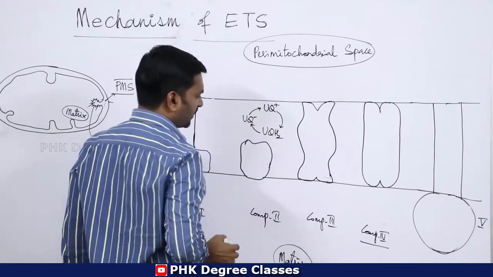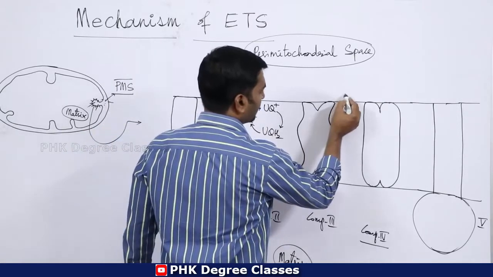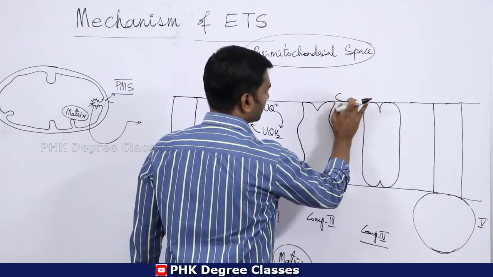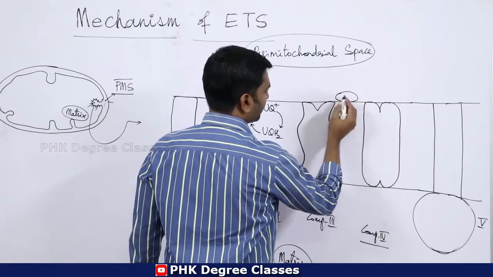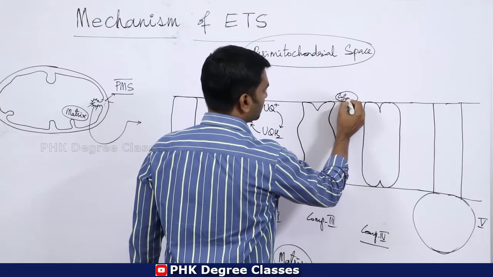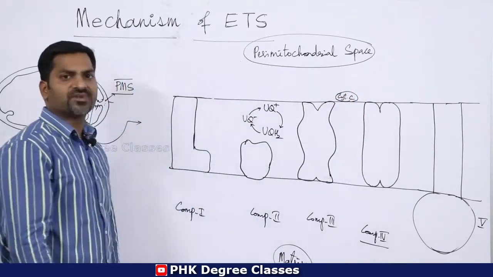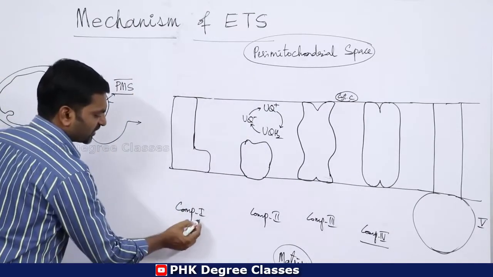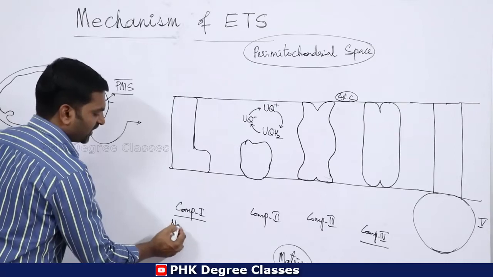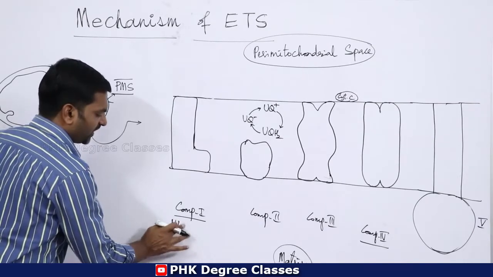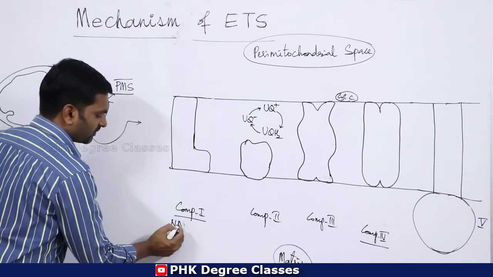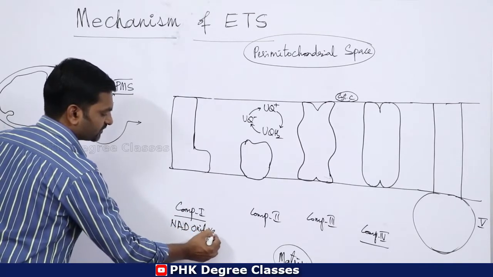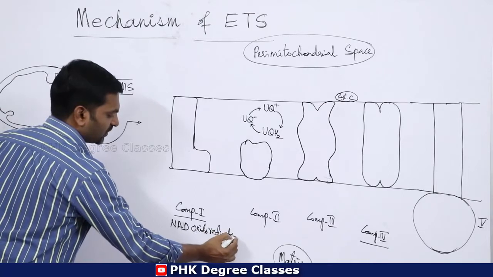And one more mobile carrier is cytochrome C. Site C stands for cytochrome C. Then this complex 1 is generally called NADH oxidoreductase.